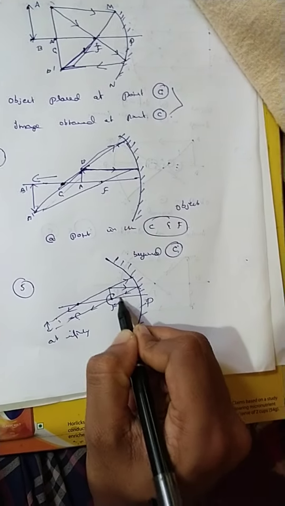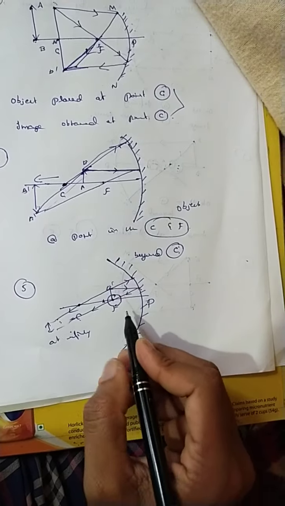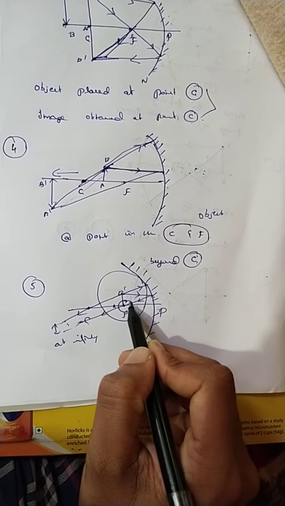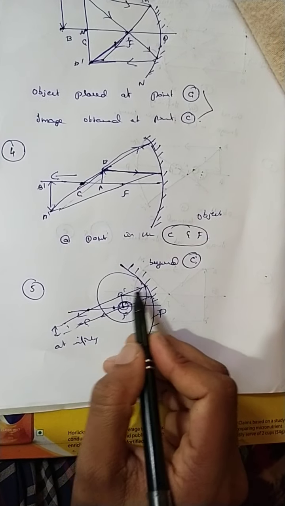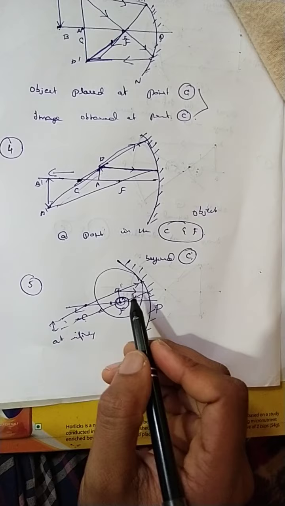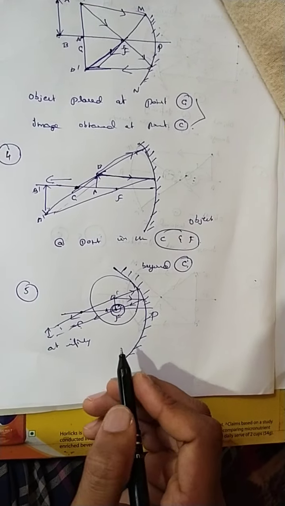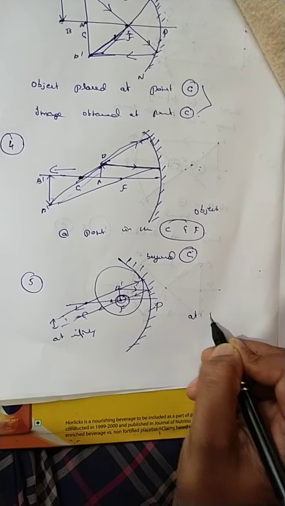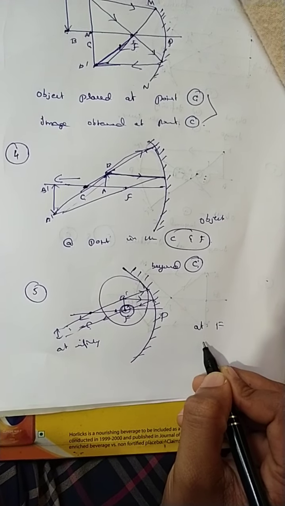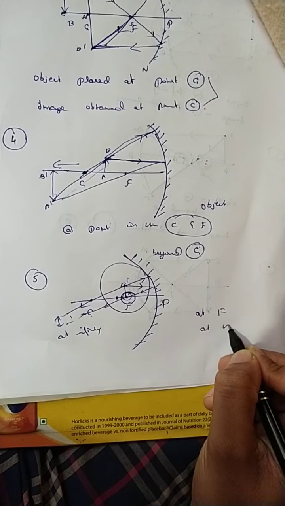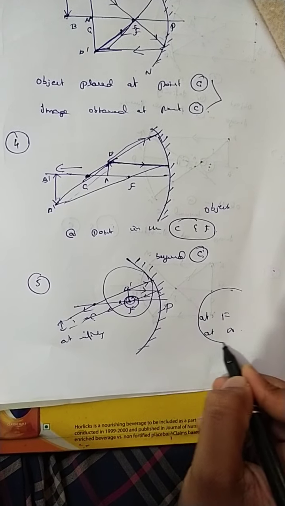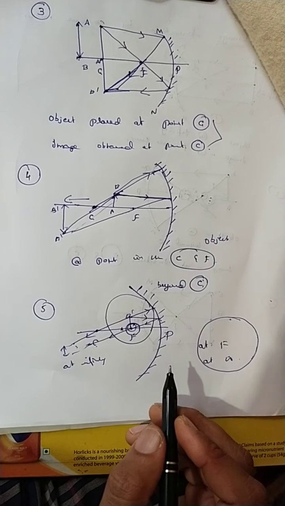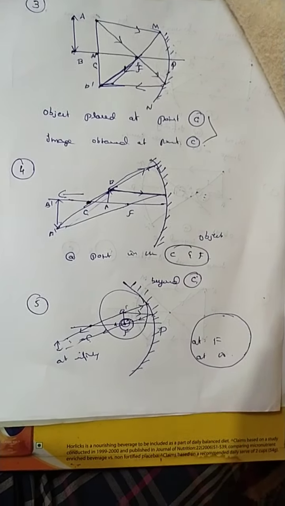Now the object is placed at the principal focus. The object is placed here, right? But the image is obtained with the rays going parallel, so at a point of infinity. Object placed at F, image obtained at infinity. So these are the object position and image position, right?